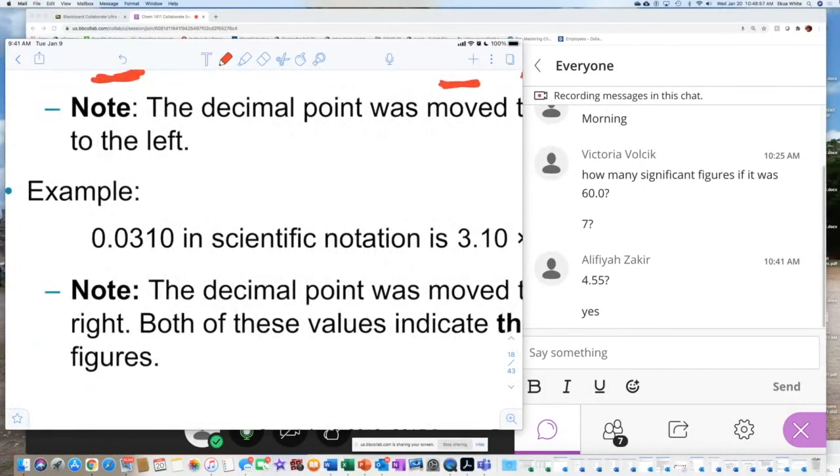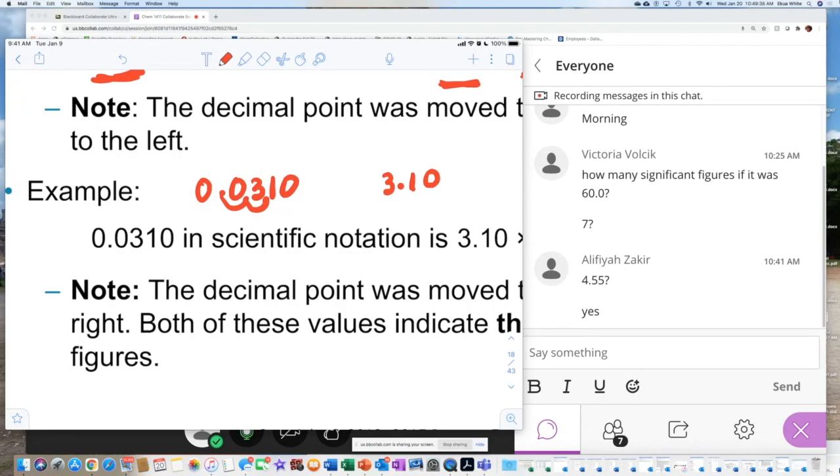So here, with this number, we have an original decimal in the number. In this case, we can't move it left to get our number between 1 and 10. We have to move it right. So I move it 2 spots, and I end up with 3.10. Please notice this time you want to leave out the leading zeros, because our goal is to end up with a base number that's between 1 and 10.